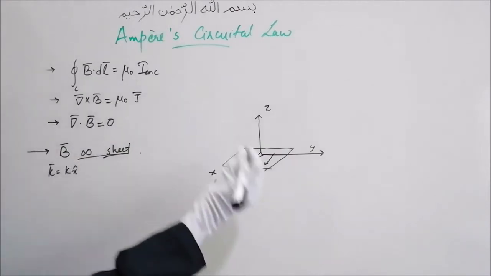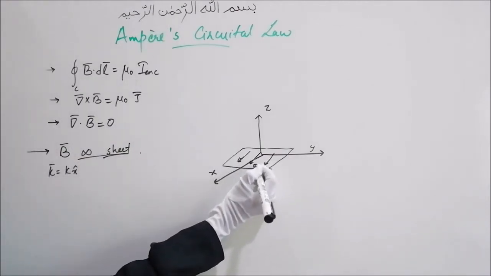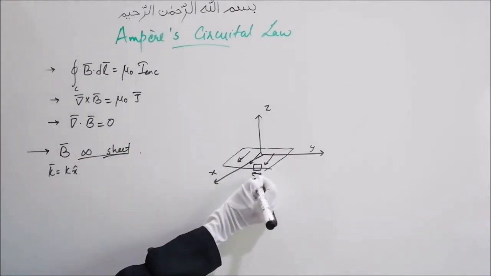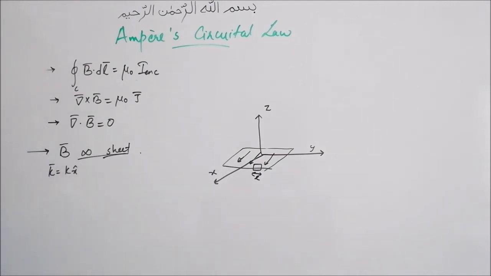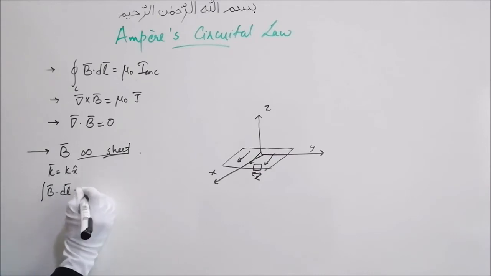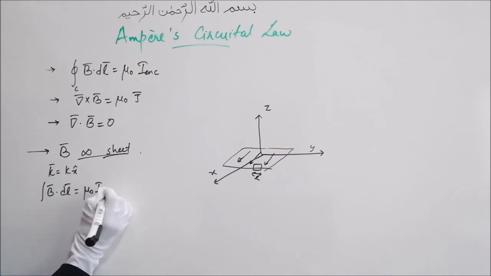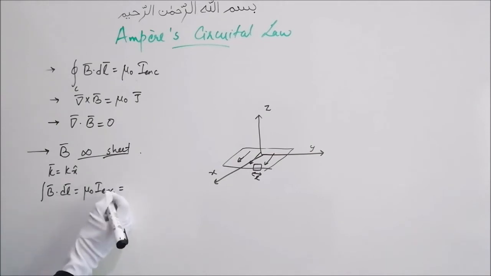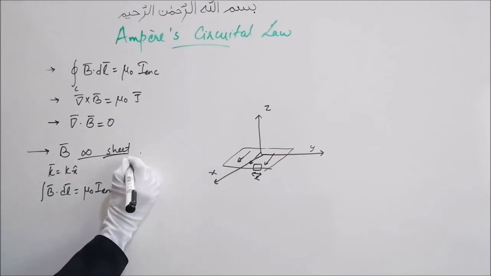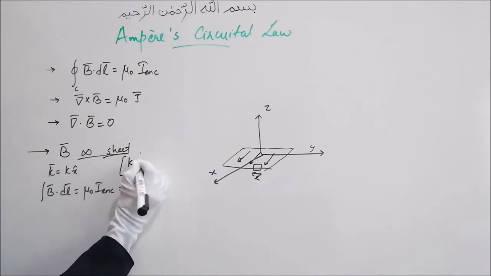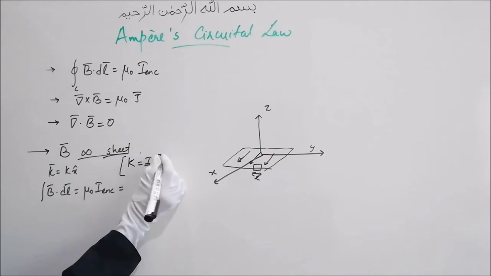Now I am going to consider an Amperian loop of length L. Using Ampere's circuital law, we have B bar dot dl bar is equal to mu naught I enclosed. We have already seen the formula in the previous videos. K is also equal to current I per unit length perpendicular, right?